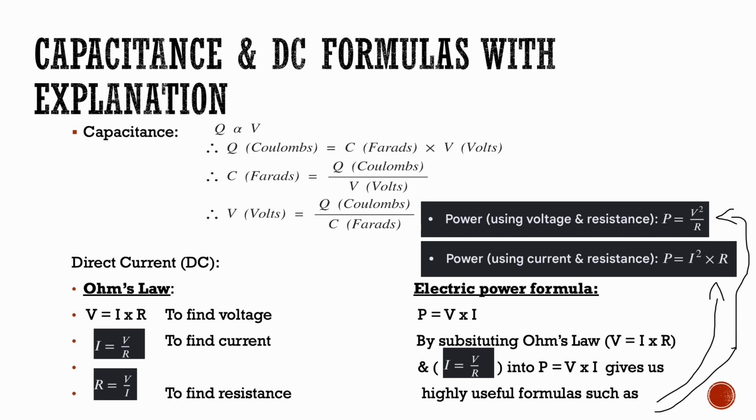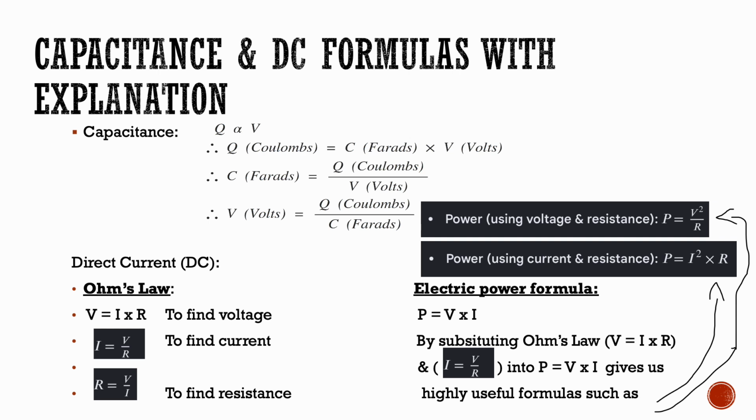We could rearrange this main formula into two formulas, one to find the capacitance and the other to find the voltage. To find the capacitance, we divide the charge by the voltage, and to find the voltage, we divide the charge by the capacitance.